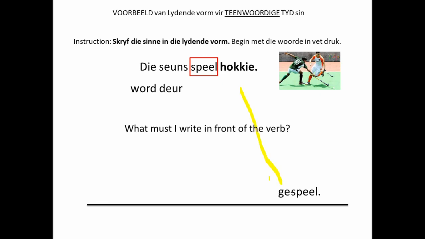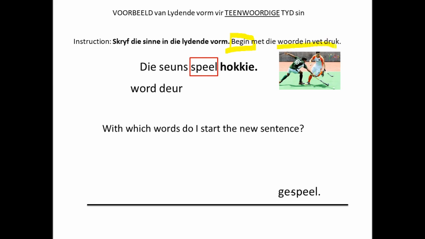See what I did there? Ge. With which words do I start the new sentence? Do you remember? Begin means start the sentence with the words in bold. So I know I need to start the sentence with hockey.